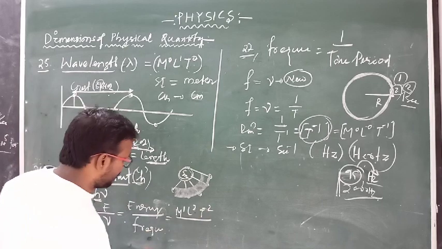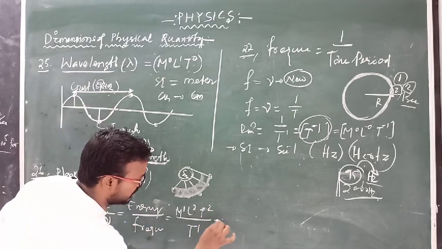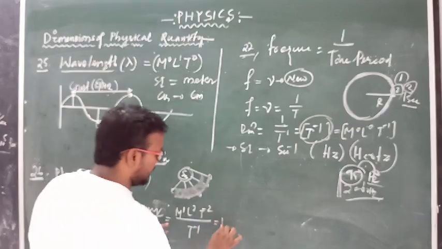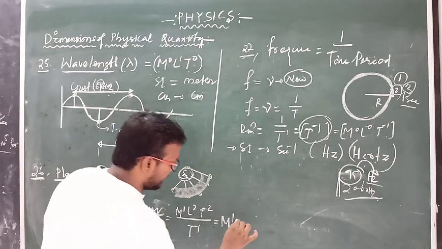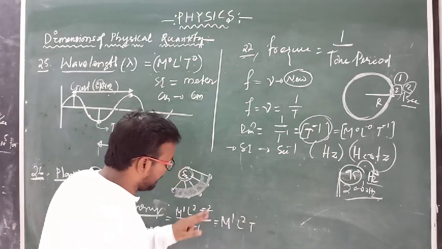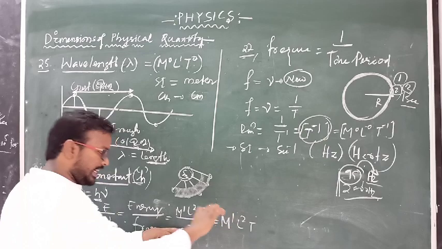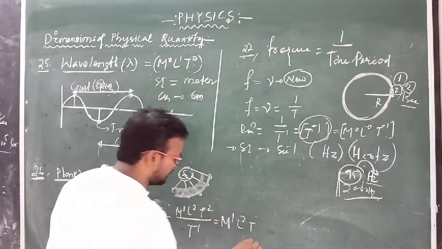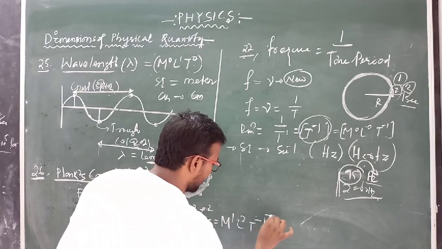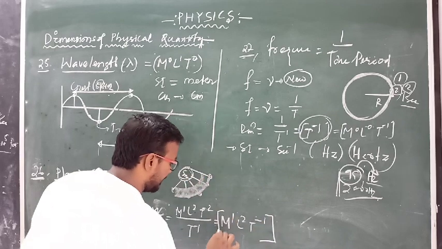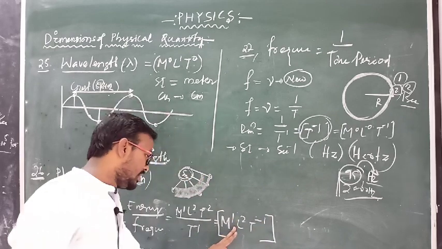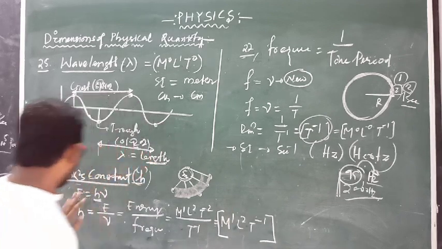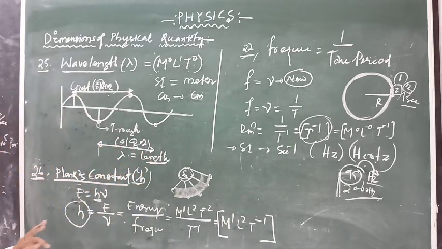Energy is m1 l2 t minus 2 divided by t minus 1. Now solve this relation. Taking t minus 1 to the numerator, it becomes plus 1, and minus 2 plus 1 gives minus 1, so m1 l2 t minus 1 is the dimensional formula of the Planck constant.